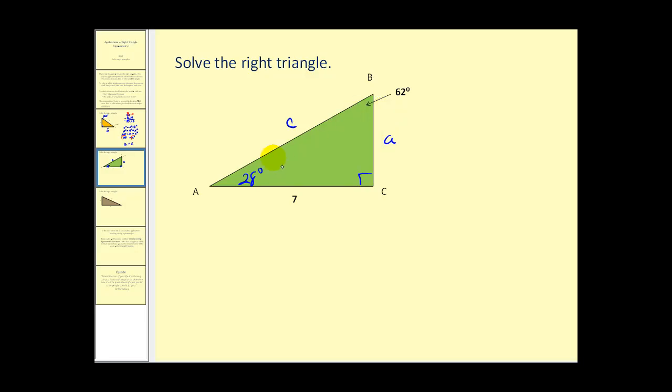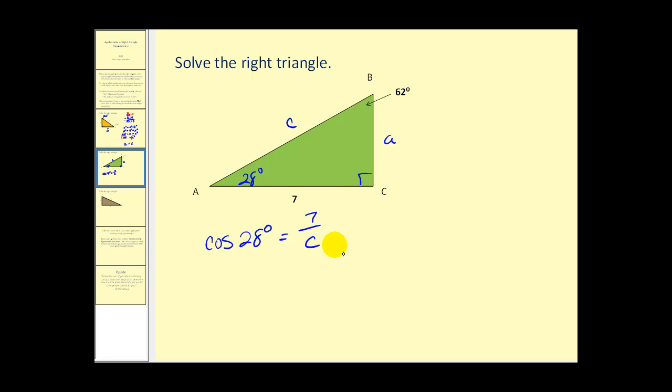What we'll do is we'll use this angle that we know is 28 degrees, and we can figure out how we can relate this angle to this leg and this hypotenuse. And if we say that the cosine theta, or cosine 28 degrees, would equal the adjacent side over the hypotenuse, so 7 over c. And now notice we only have one unknown.